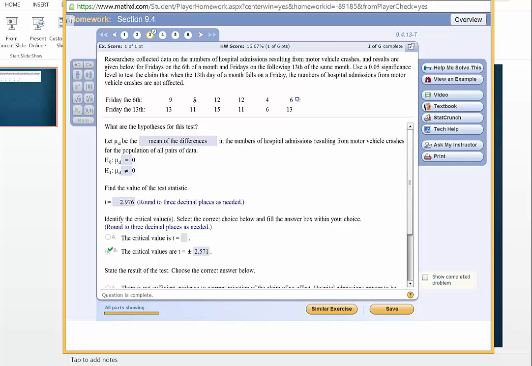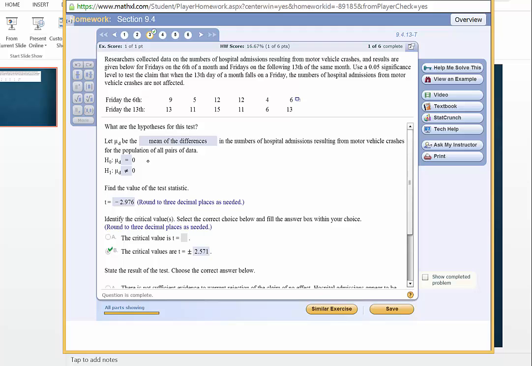And then 5 on the 6th of a month, that's a Friday, and then on that very next Friday, 11. So these are paired. And the way this works is we find the differences and then find the mean of those differences. So when we select this, it should be mean of the differences, not difference of the means.